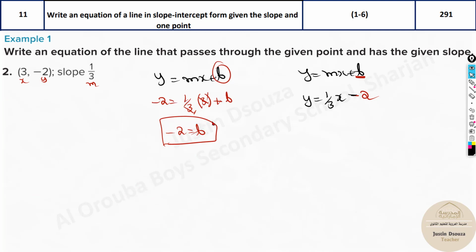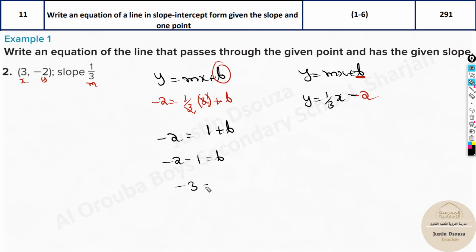I apologize. I will not cut this out from the video because the mistake I did is a crucial one. I want you to also learn from this mistake. So minus 2 equals 1/3 into 3 is 1. It's not multiplication, it's 1 plus b. Now take this 1 to the other side, it'll be minus 2 minus 1 equals b.